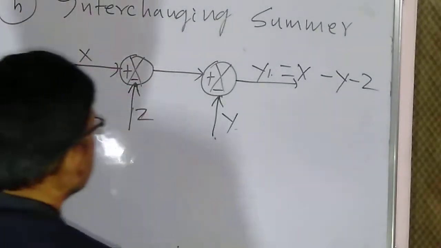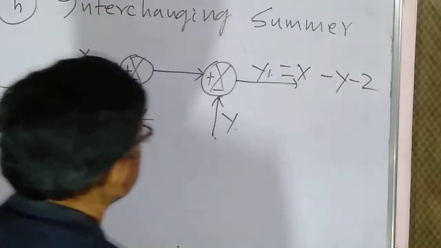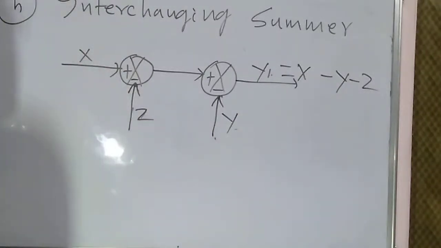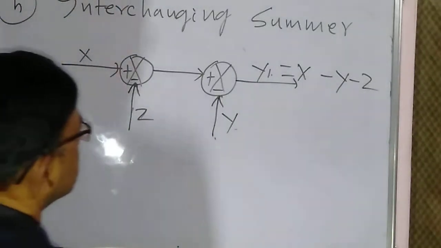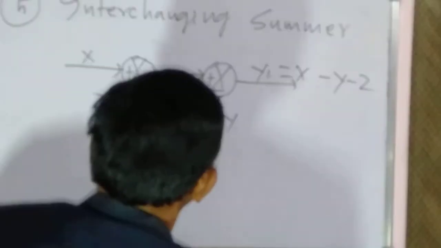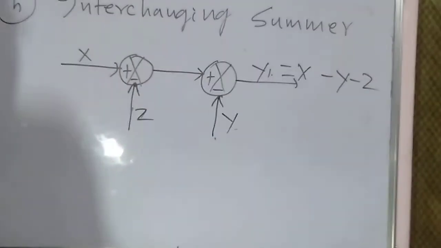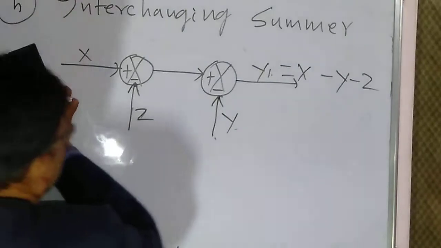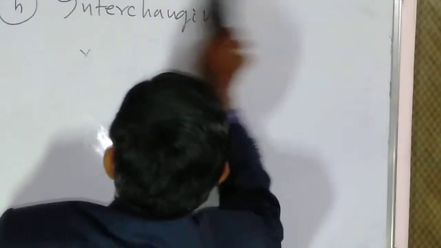Therefore this rule is also applicable, that is interchanging of summers. We can also interchange more than two summers, that is 3 or 4 summers, like that. So now let us look at another rule, splitting the summer.